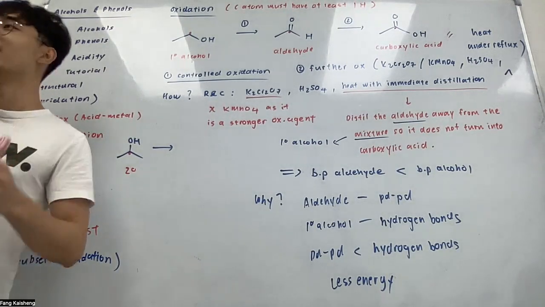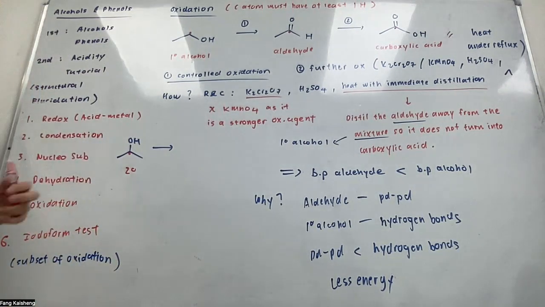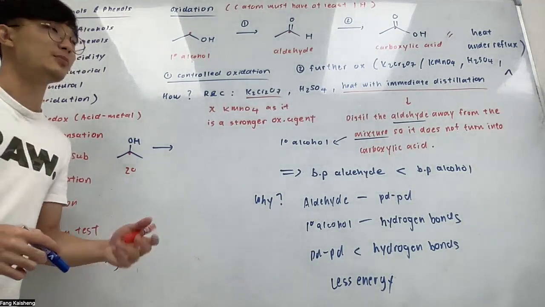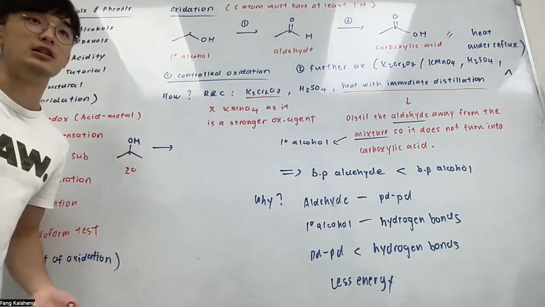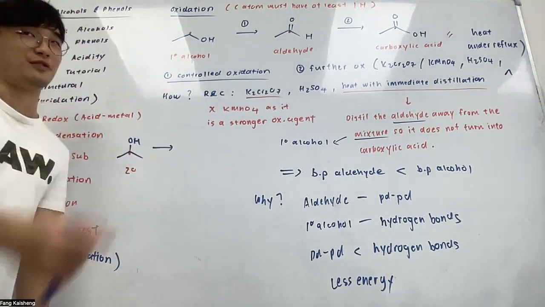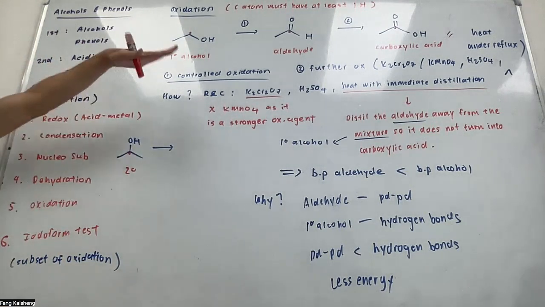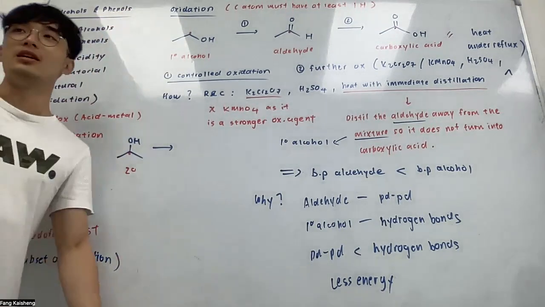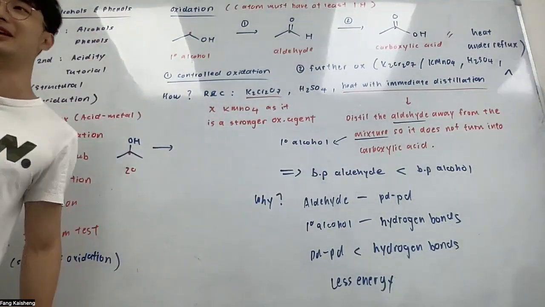The short for that is called heat. It's just your writing, whatever you want to write, referring to the same thing. If you're lazy to write heat under reflux, you can just write heat. If you're really scared, just write heat under reflux for everything. This has never been an issue, apart from maybe one teacher I've come across who was very particular about this. Other than that, no one really cares.